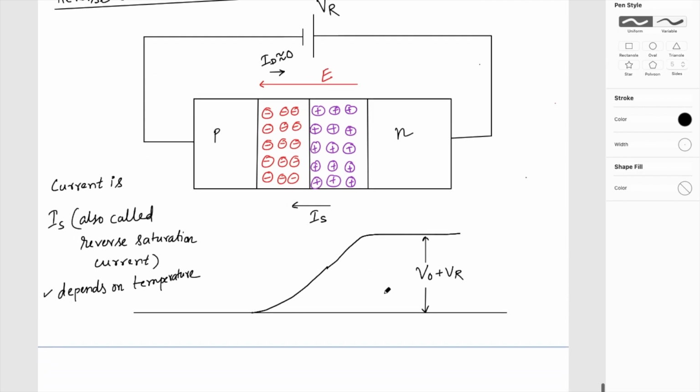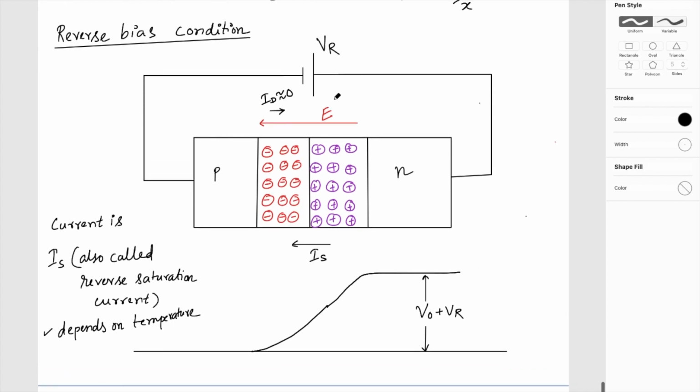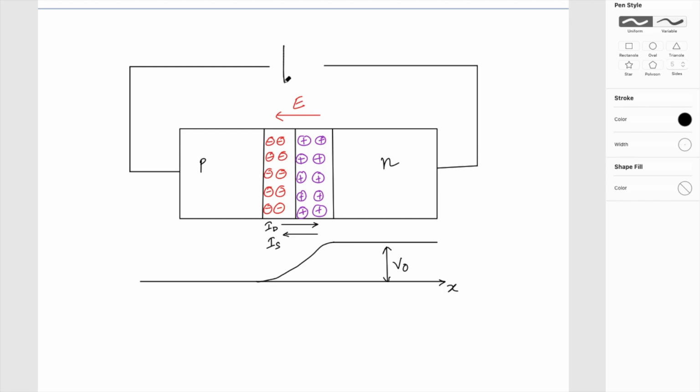Okay, so now let's try to apply this potential opposite to what we have done here. I have applied a potential difference VF, and it is opposite to the direction of the electric field that was created in the equilibrium region. Because of this, E is going to reduce and the depletion width is also going to reduce.